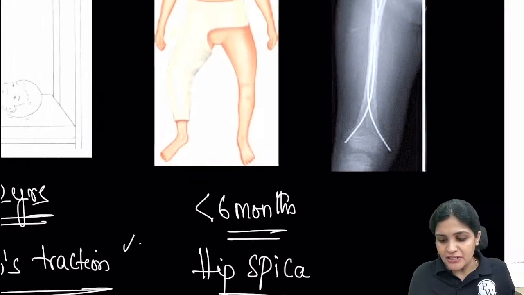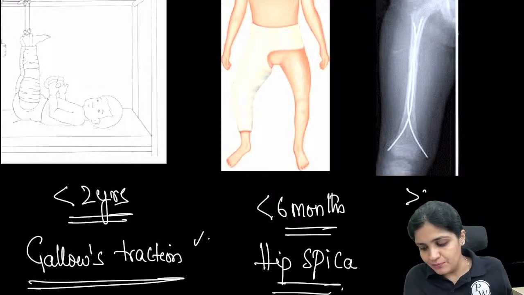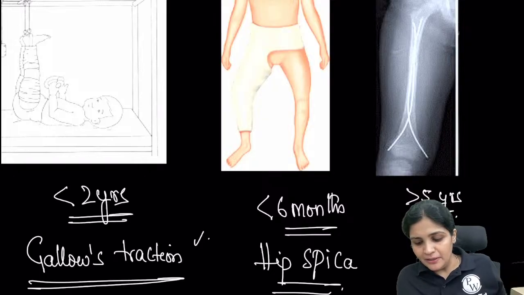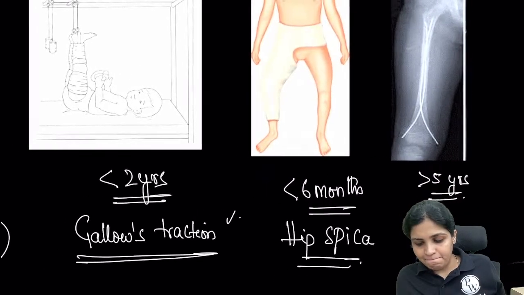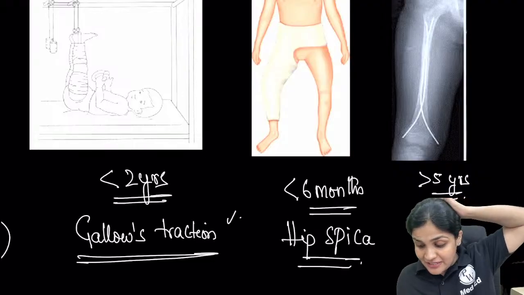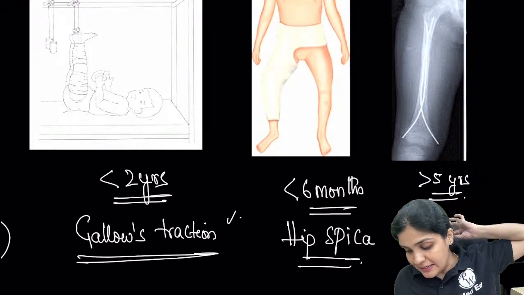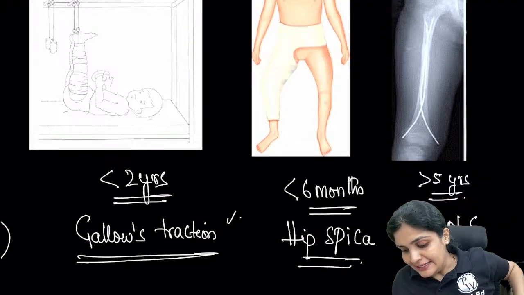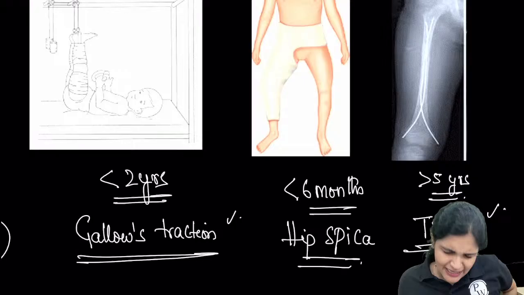And if the patient is weight bearing, more than 5 years, then what is the treatment for fracture shaft of femur? Flexible nails. Yes, flexible nails. The name is TENS nails. Endless nails are not flexible. TENS are flexible.